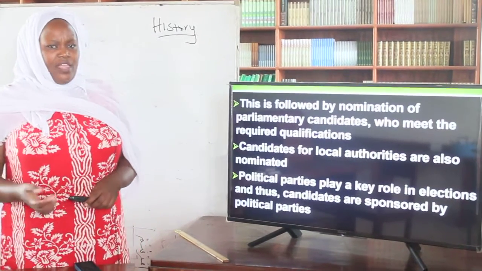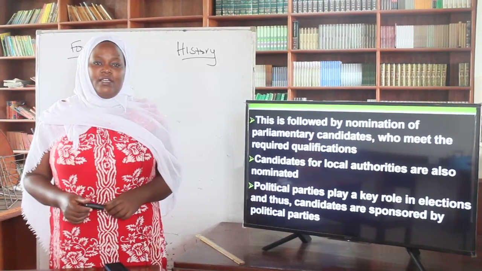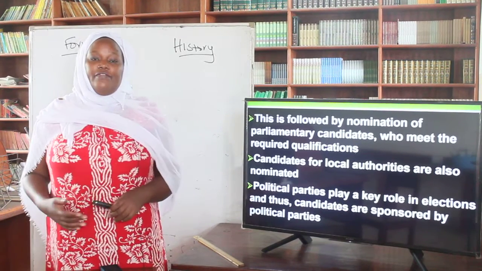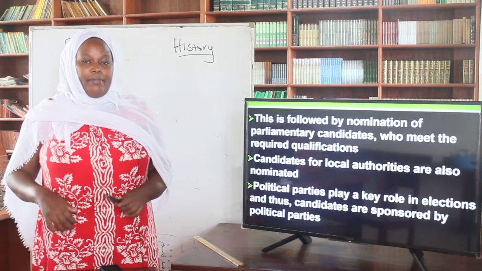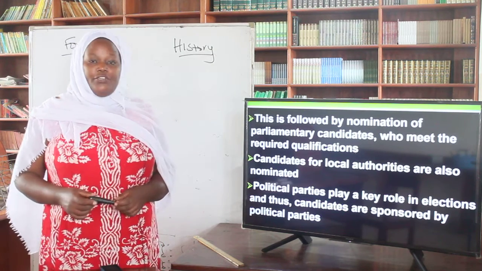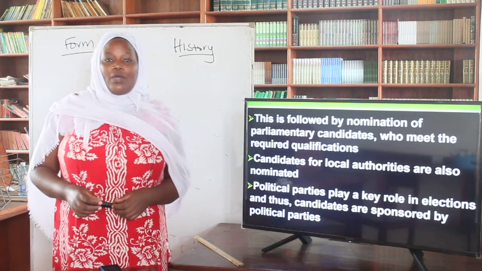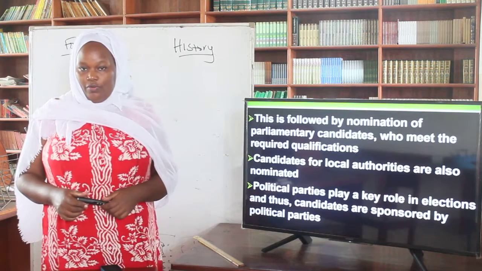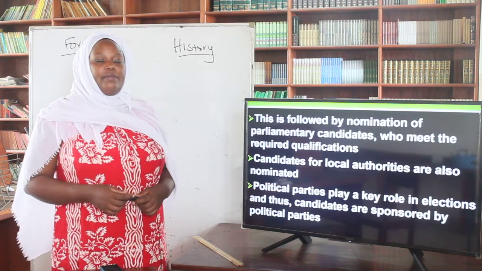Now, this is followed by the nomination of parliamentary candidates who meet the required qualifications, because in every country they have qualifications, and we're going to look at them, whereby you must be of a certain age, you must be a member of that constituency and the like. Candidates for local authorities are also nominated, who will hold the local authority, or here we call them the county government.